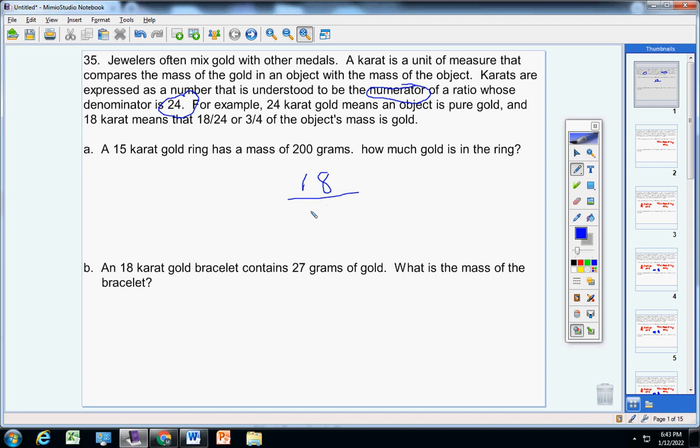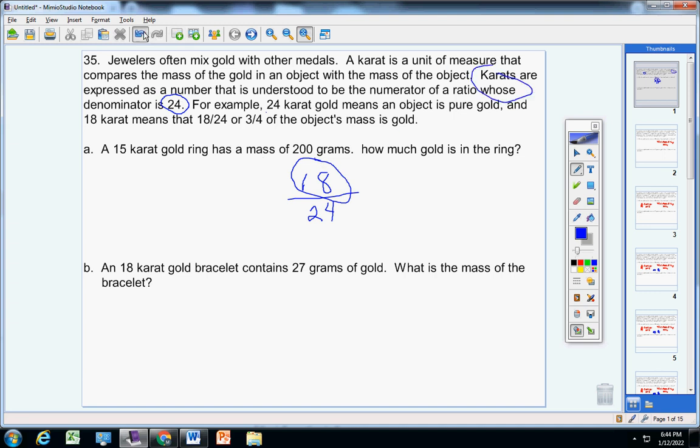The denominator is 24. If you ever have something that's 24 karat gold, that means the object is pure gold. That's the highest you can have, 24 out of 24. If you have 18 karat, that means 18 over 24. The denominator is always 24, and the numerator is always your carat.